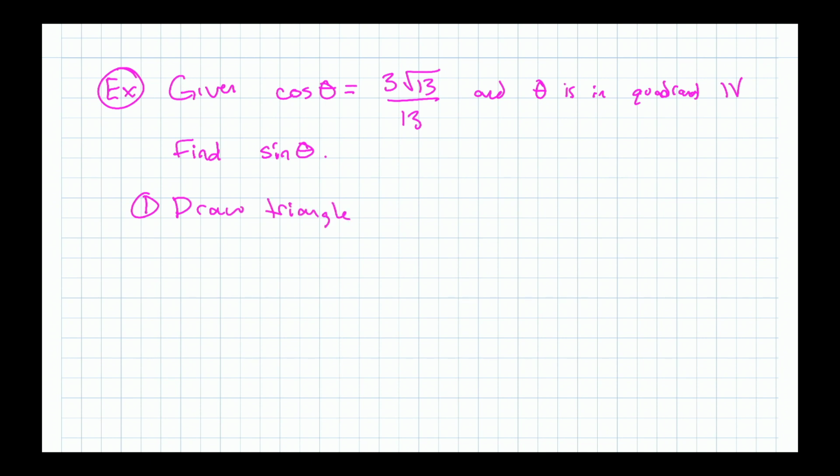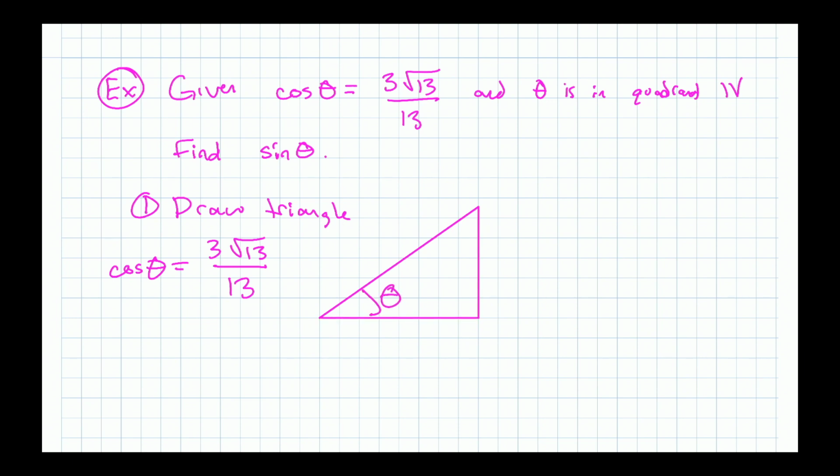So we just draw the triangle. All right, well, we need to know what sides we have. So you look up the cosine. Cosine is adjacent over hypotenuse. So the adjacent side must be 3 square root 13, and the hypotenuse must be 13.